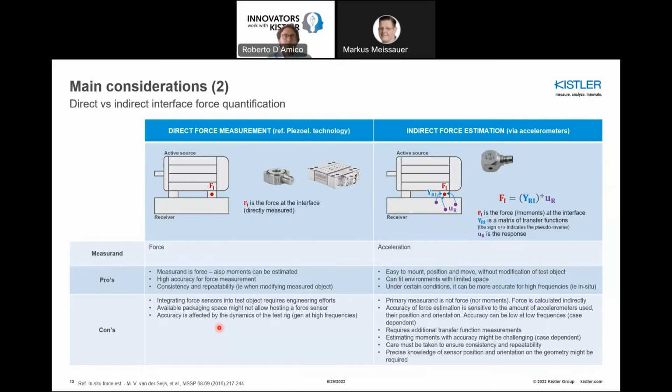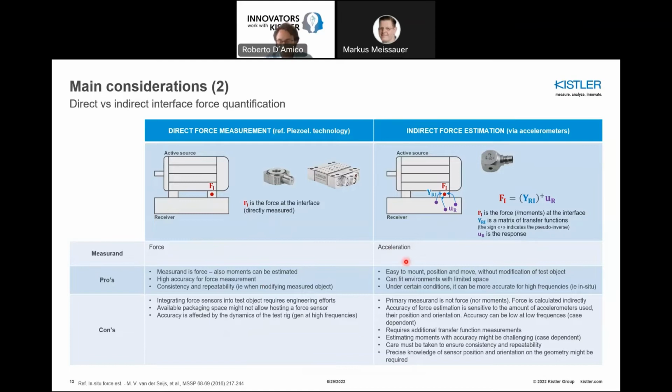When you measure blocked force, for example, you always have to take into account that your block is not going to be perfectly rigid. It's still an elastic piece of steel probably. Therefore, it might contribute to the response. And it is important that when you decide to measure with force sensors, you keep that in mind and try to make sure that the dynamic behavior of the test rig or of the block is under control and you master it.